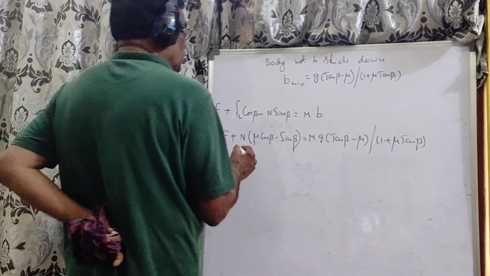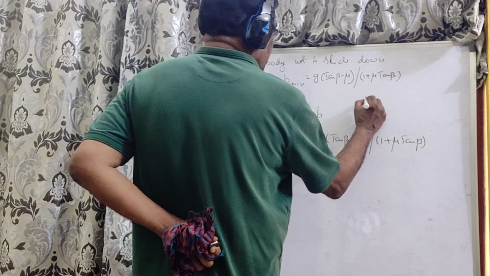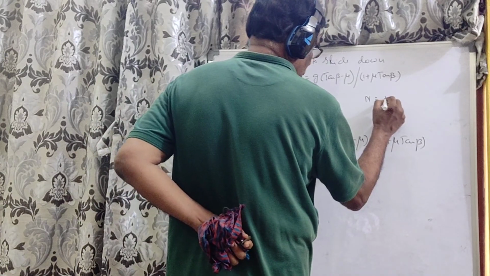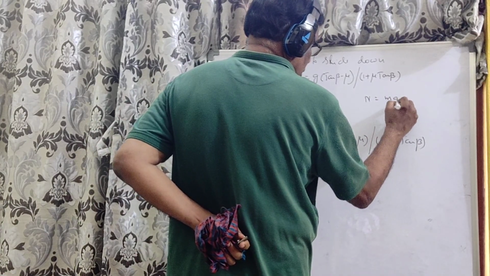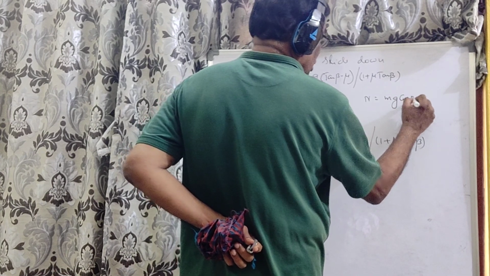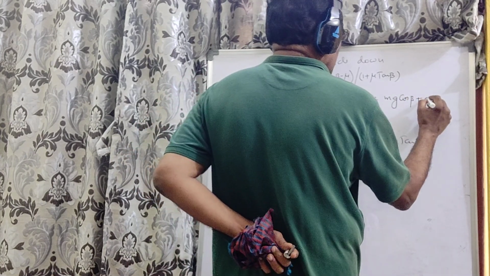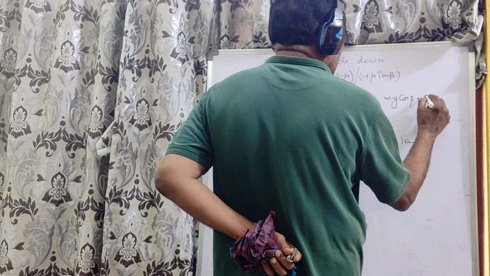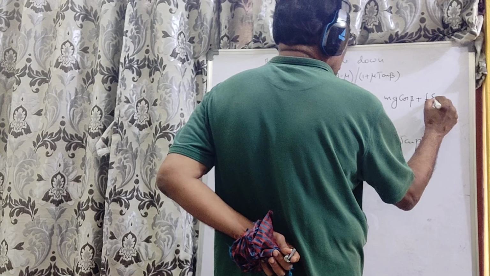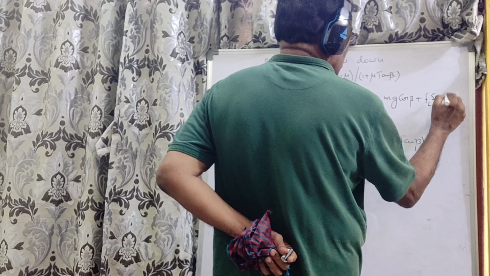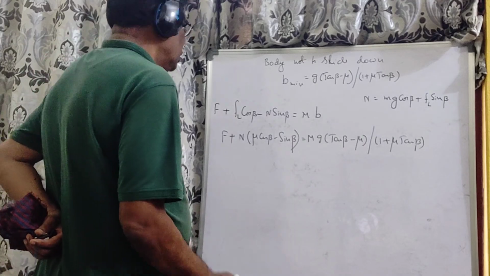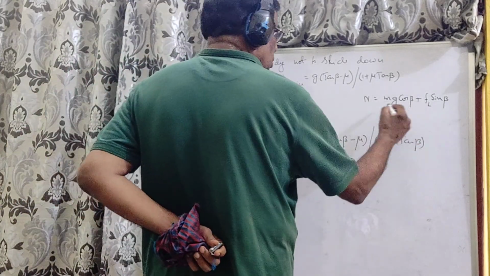So N also. What is N? You remember? mg cos beta plus FL sin beta. So this is what you have to substitute.